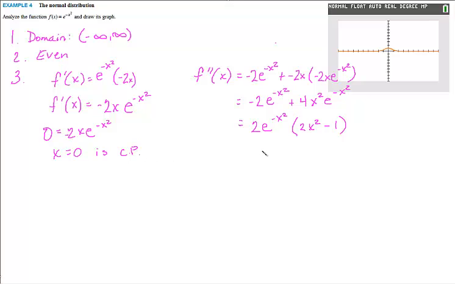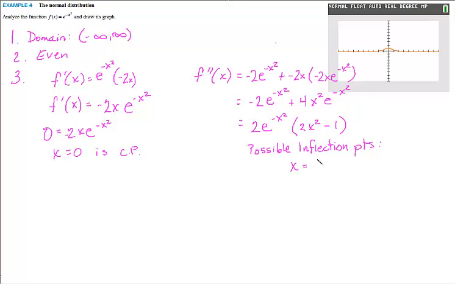Here are my possible inflection points. Looks like just this thing can be 0, so I can move the 1 over, divide by 2, and take the square root of both sides.